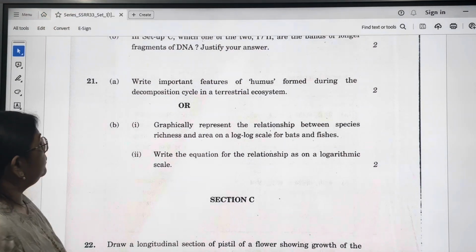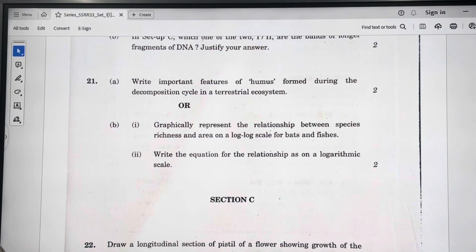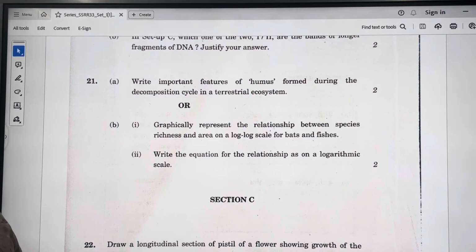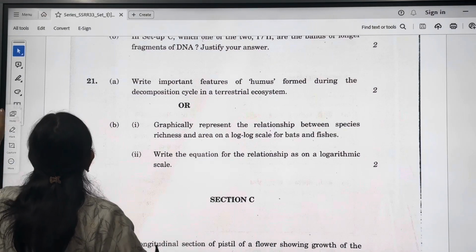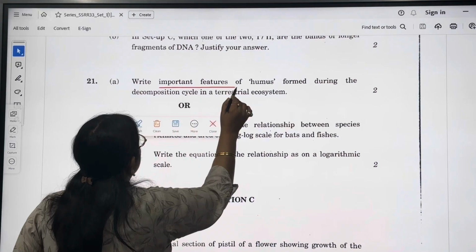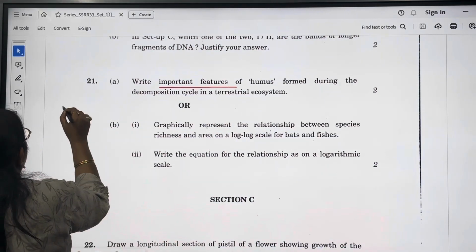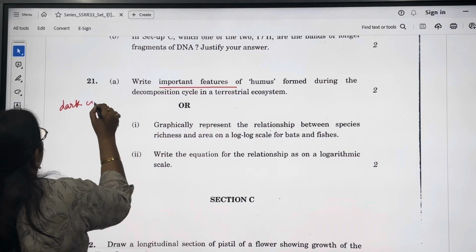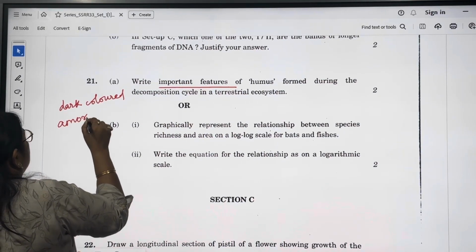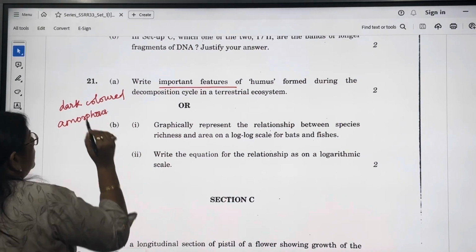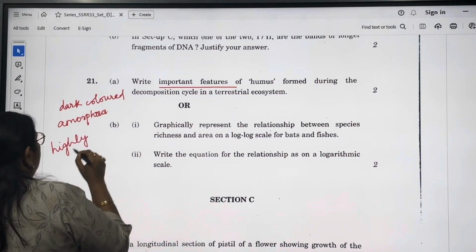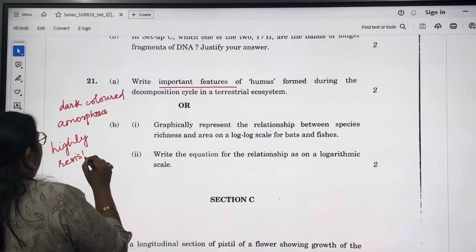Now the last question of this section, question number 21, part A. Write important features of humus formed during the decomposition cycle in a terrestrial ecosystem. So, the answer of this part is important features, that is dark colored, amorphous substance, and highly resistant to microbial activity.